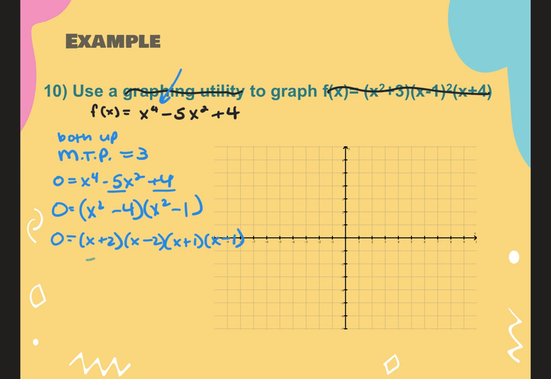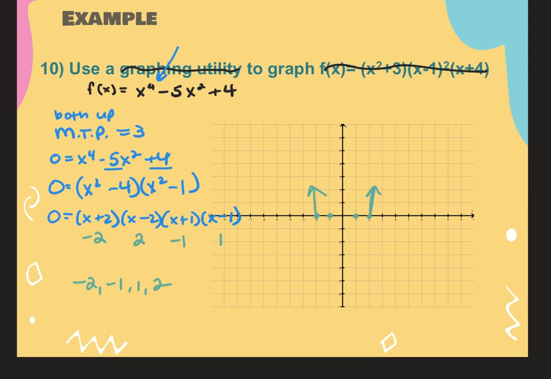Split and solve, and I get -2, +2, -1, and 1. So 4 different answers. Multiplicity of each is 1. Both point up. This time, the y-intercept can help me figure out how far to go down in the middle.